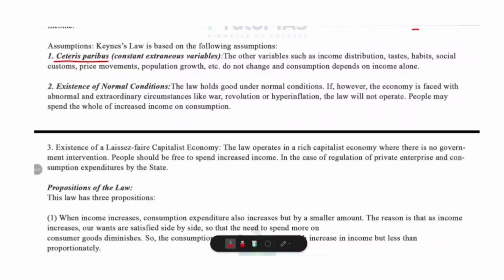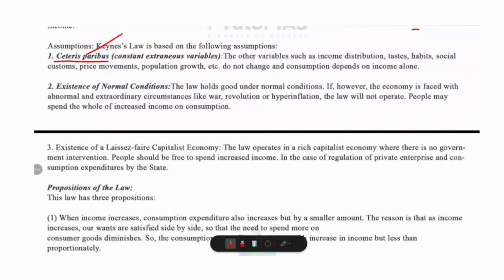The first and most important assumption is ceteris paribus, which means all other things remain the same. It means that only income changes while other factors like distribution of income, people's habits and taste, social changes or social custom, price levels, population size all remain unchanged, only income changes. That is what this ceteris paribus means.